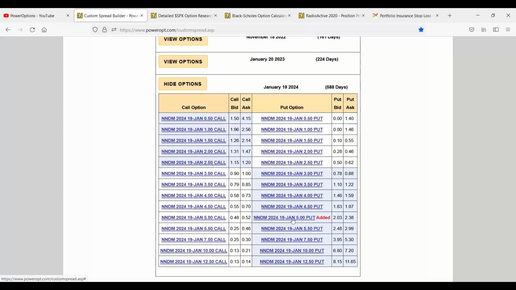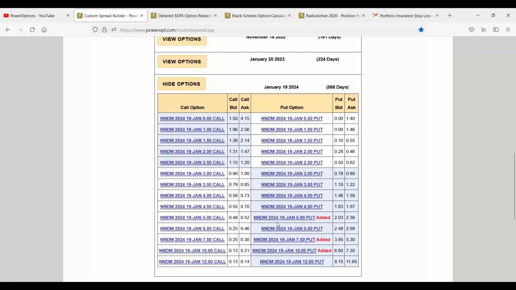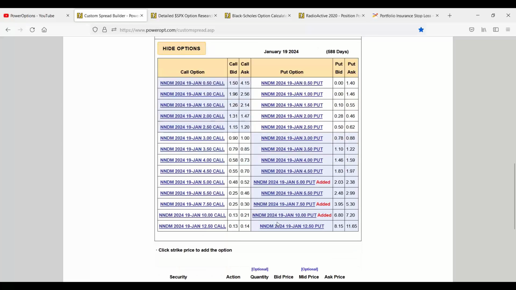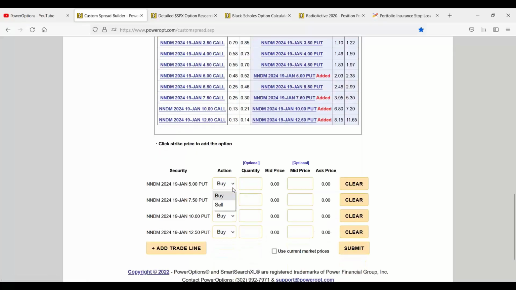And then, oh, I'm sorry, the 7.5 put, sold 5 contracts there at a different price. And then sold 10 contracts of the 10 strike, all January 2024. Oh, and then 12.5 put. Okay. All right.